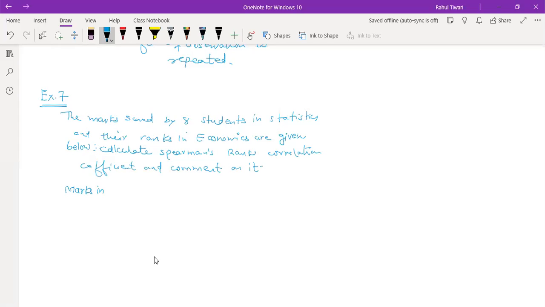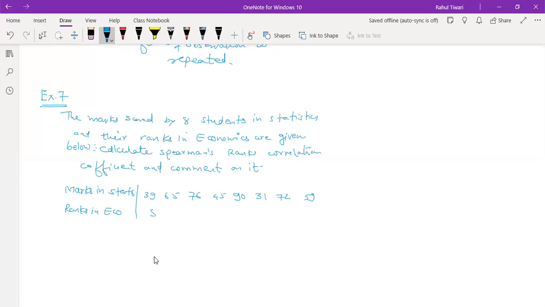Marks in statistics. I'll write short form. Marks in statistics and ranks in mathematics, or I will say rank in economics. What are the numbers? 39, 65, 76, 45, 90, 31, 72, and 59.